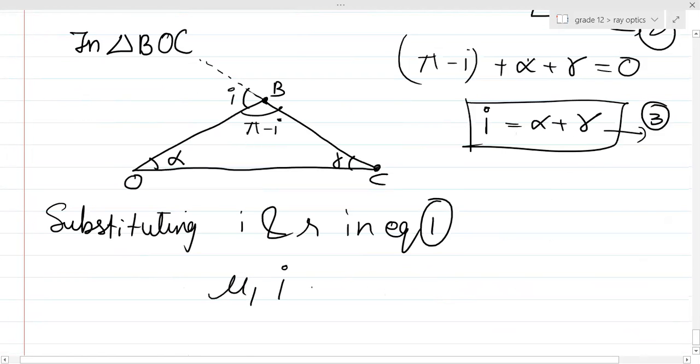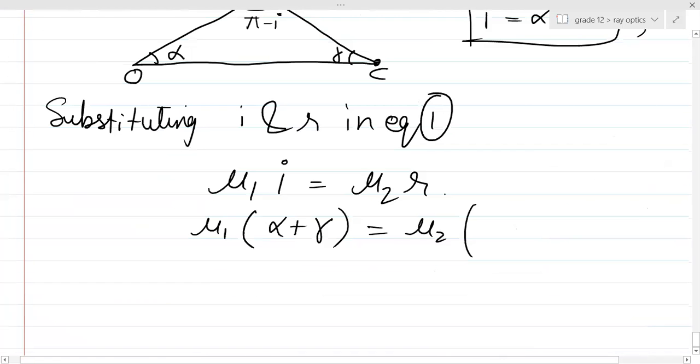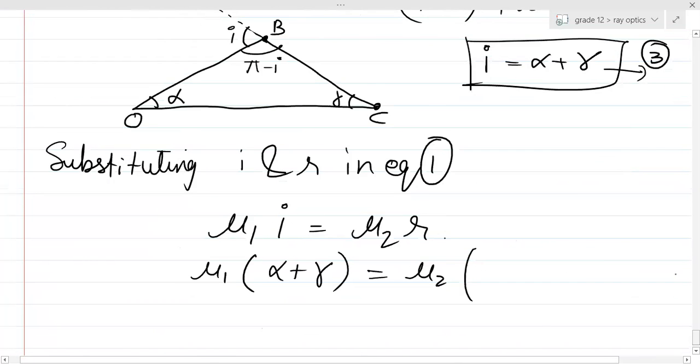Mu1 into I is equal to mu2 into R. So can I write this particular thing? Mu1 into I, I is alpha plus gamma, is equal to mu2 into R, R is gamma minus beta, right?